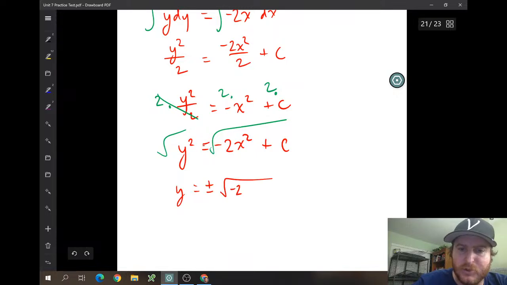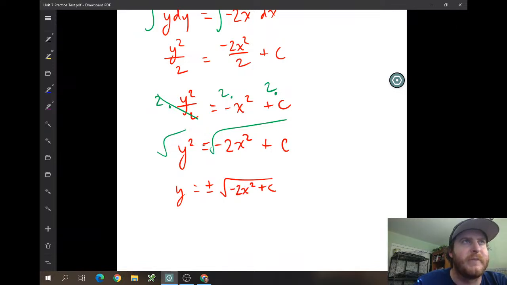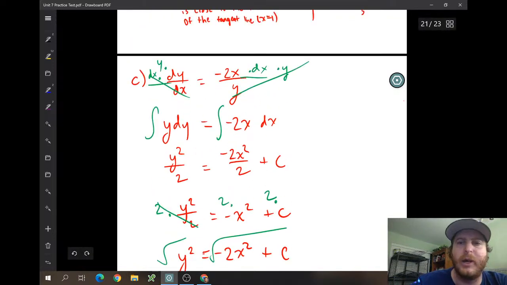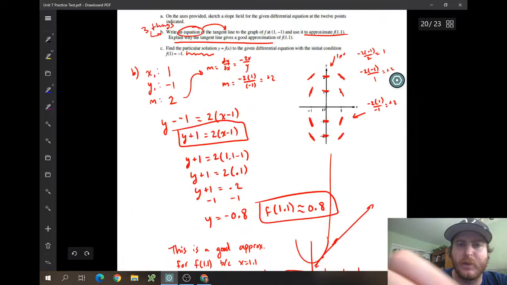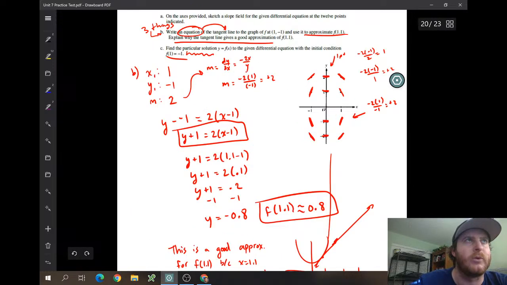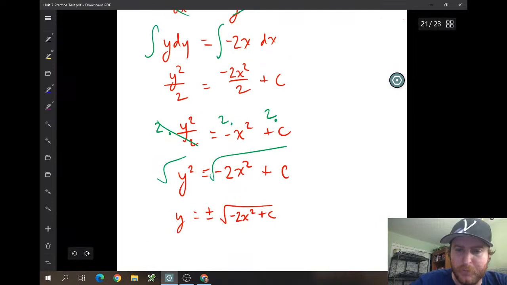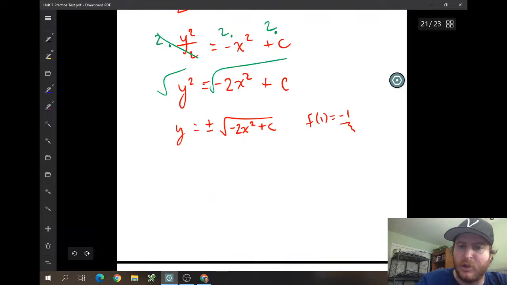Now, it's important to write the plus or minus in the first step, because that is the general solution, right? But then once we plug in this initial value f of 1 equals negative 1, we know the negative side is going to be, the y is always what we're looking at.